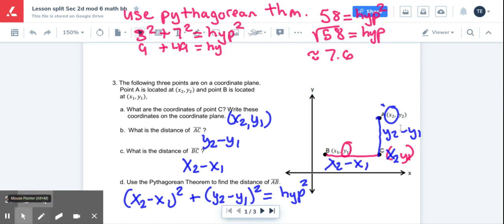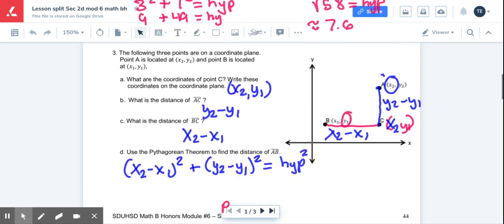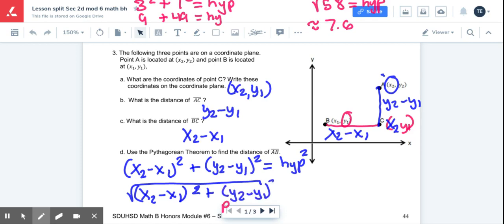And then if we want to solve for the hypotenuse, we just have to undo that square. So then we get the square root of x sub 2 minus x sub 1 squared plus y sub 2 minus y sub 1 squared equals the hypotenuse. Okay, that looks complicated, but if you just remember it is Pythagorean theorem, that makes it so much more simple.